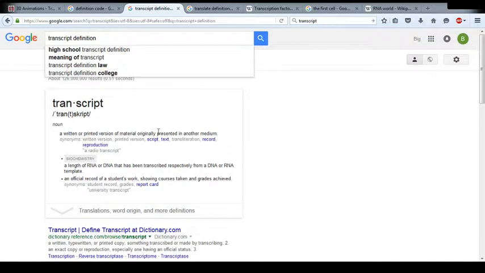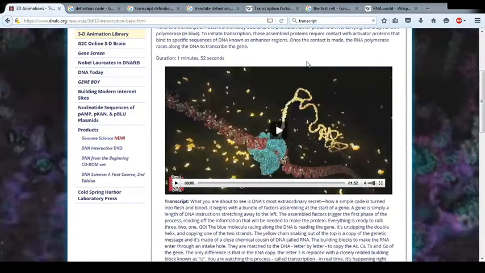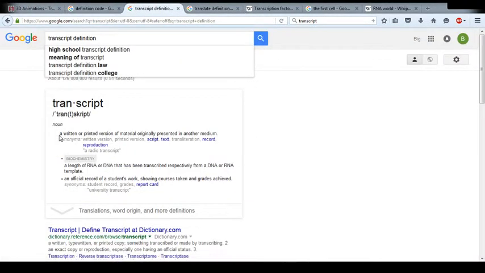Transcript is basically the mRNA, this yellow chain. A written or printed version of material originally presented in another medium. Well, here we go, a length of RNA or DNA. But basically, an official record of student work.